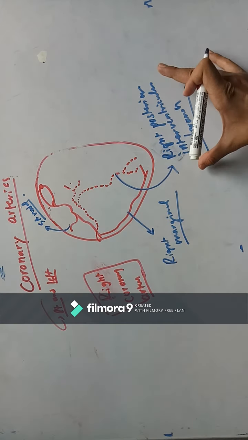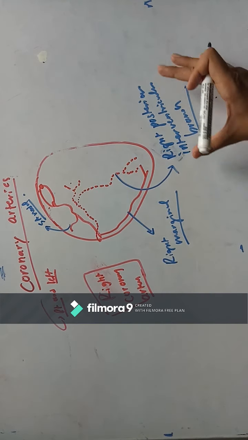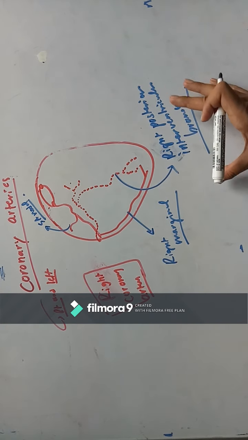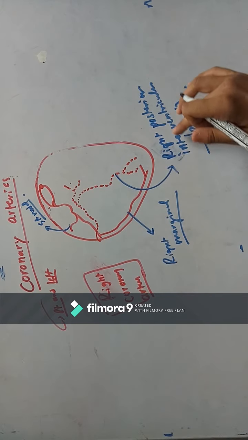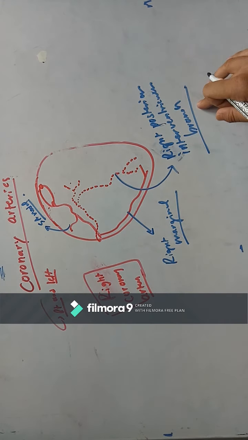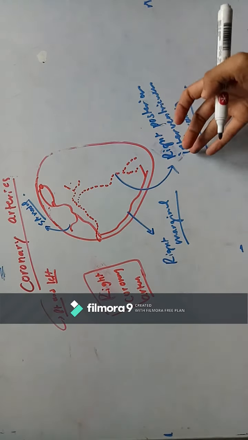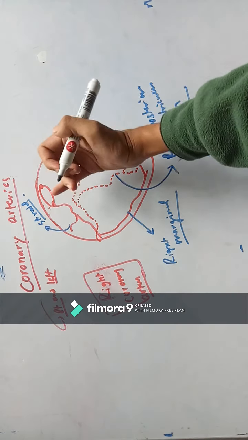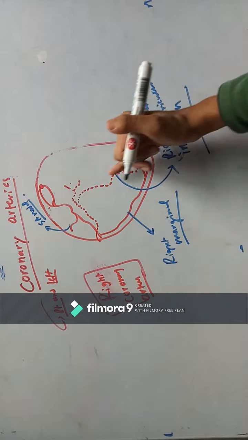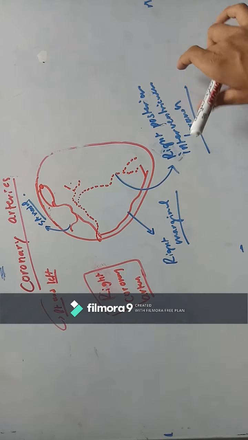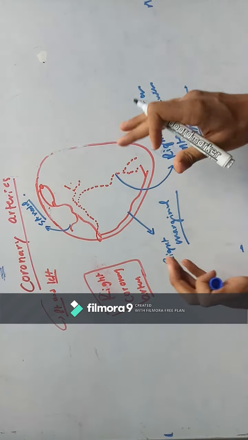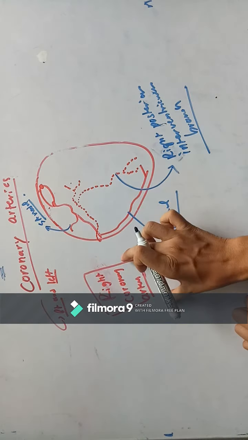It is one of the most important branches. I'll talk about the importance later on. So remember this: right posterior interventricular branch. It is of the right coronary artery, posterior because it goes towards the posterior side, and interventricular because it moves along the interventricular groove. So these are the important branches of the right coronary artery.